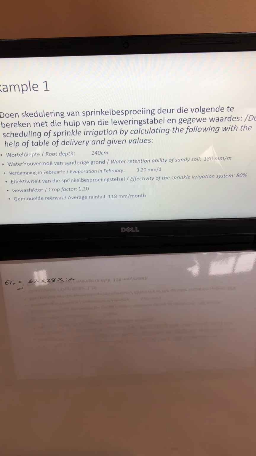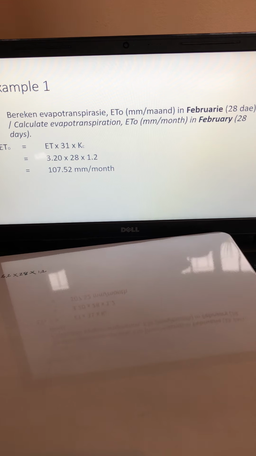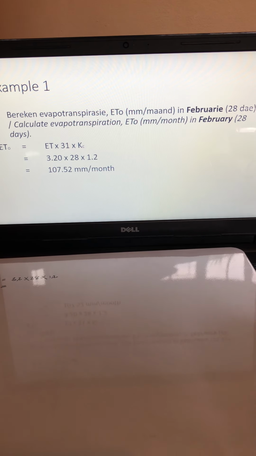And so if you put all of these values in, you'll get an answer of 107,52 millimeters per month. Okay, so that is your evapotranspiration for the whole month.